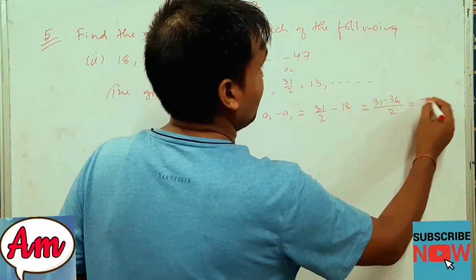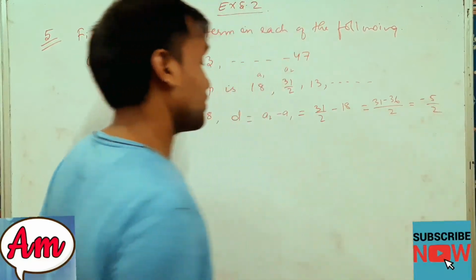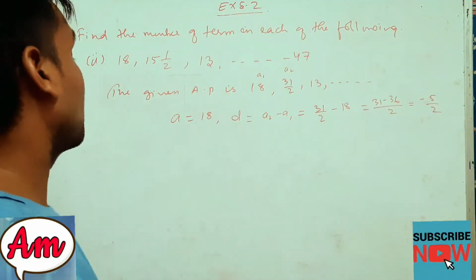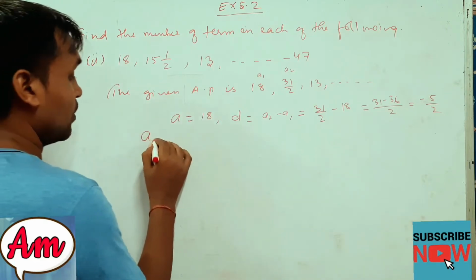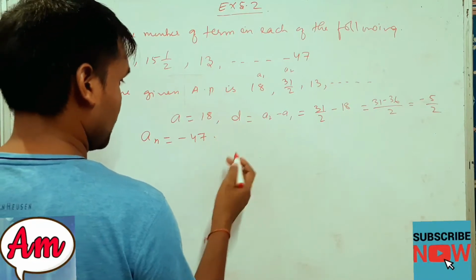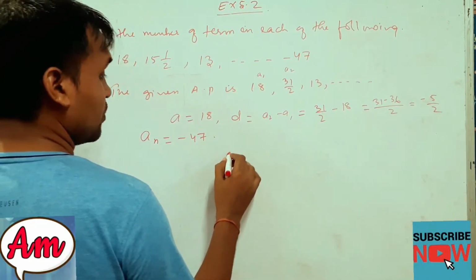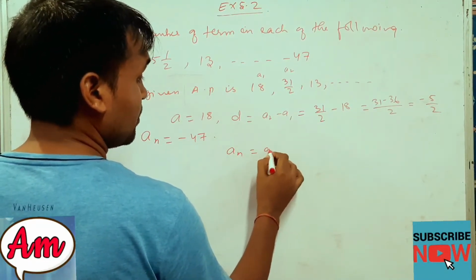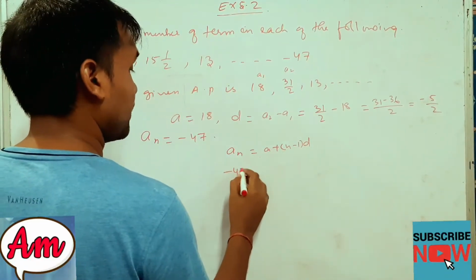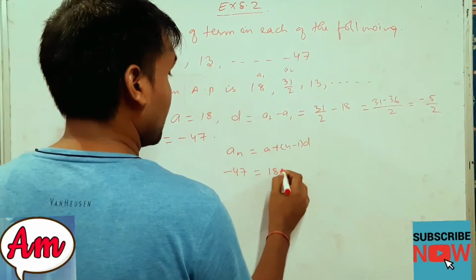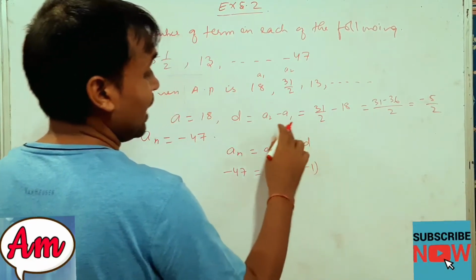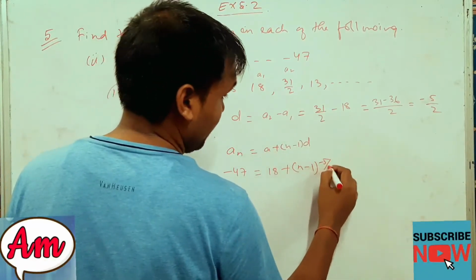So we got the value of D, minus 5 by 2. And we already have the value of An, that is minus 47. So let's start. An equals A plus (n minus 1) into D. So An we have minus 47, A we have 18, n we are looking for, and D is minus 5 by 2.